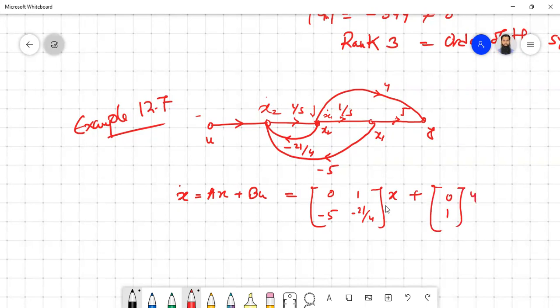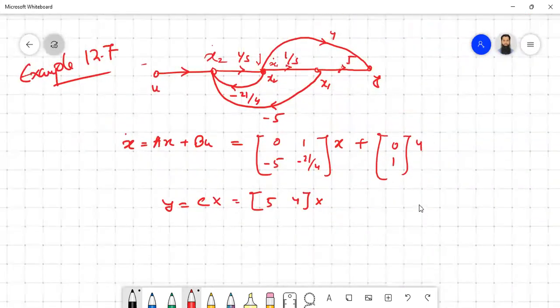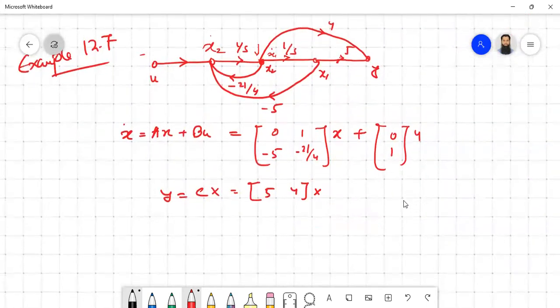And what about the C matrix? Output y equal to Cx, that is, C is basically 5 4. Now, by inspection, all the state variables seem to be observable because the output is linked with both of them.